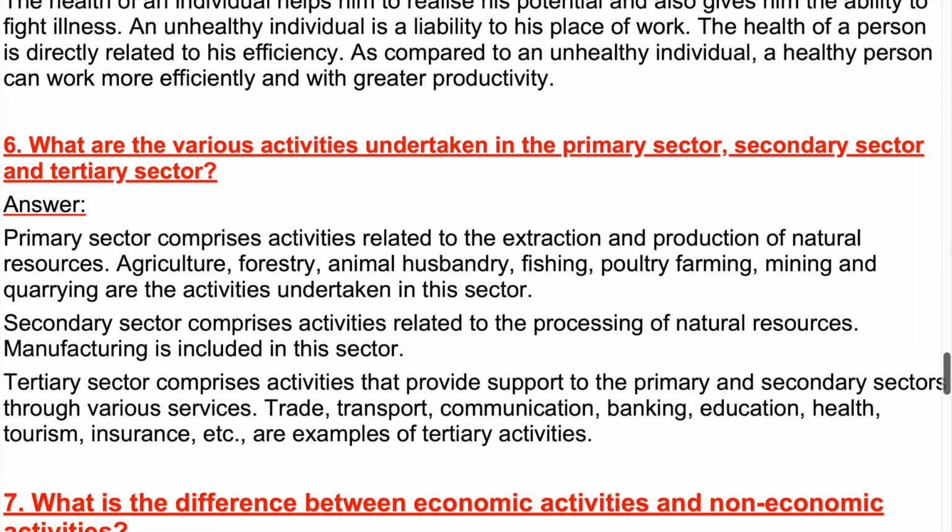Secondary sector comprises activities related to the processing of natural resources. Manufacturing is included in this sector. Tertiary sector comprises activities that provide support to the primary and secondary sectors through various services. Trade, transport, communication, banking, education, health, tourism, insurance, etc., are examples of tertiary activities.